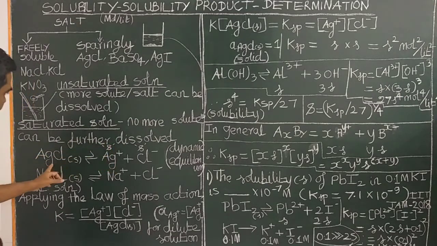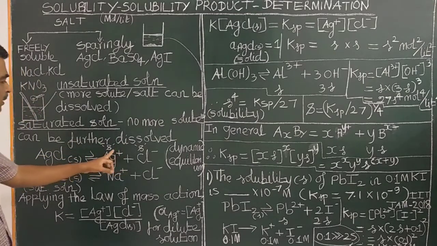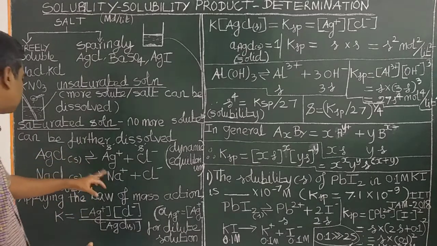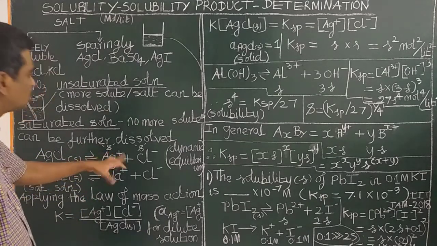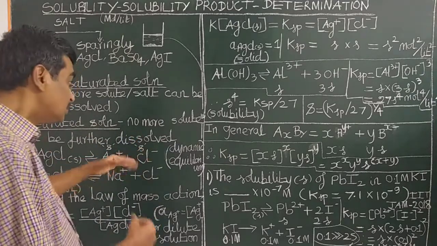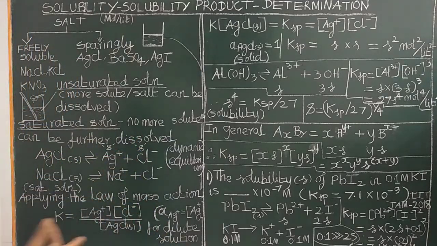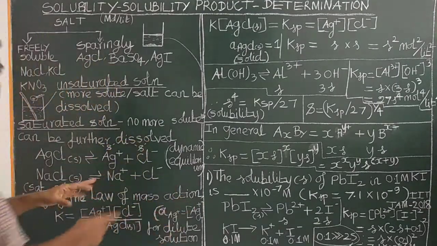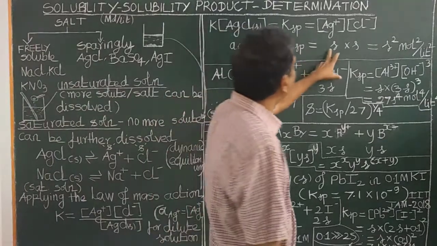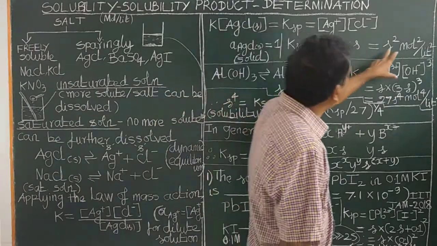Therefore, Ag plus will be there. S moles per liter is soluble, for example. Then S moles per liter Ag plus ion will be there, and S moles per liter Cl minus ion will be present in the saturated solution. Okay, therefore at equilibrium S into S. Therefore S square.